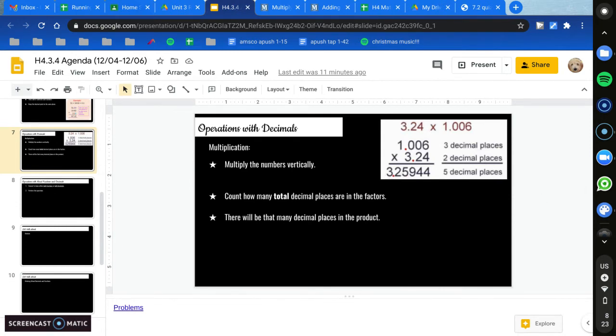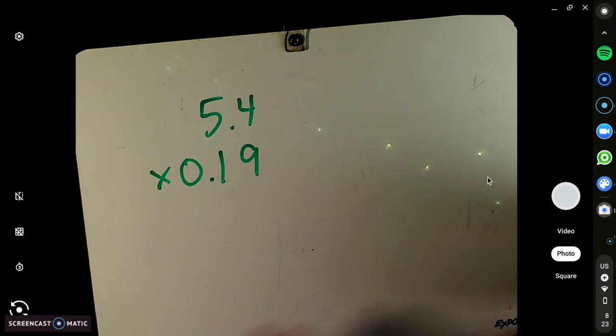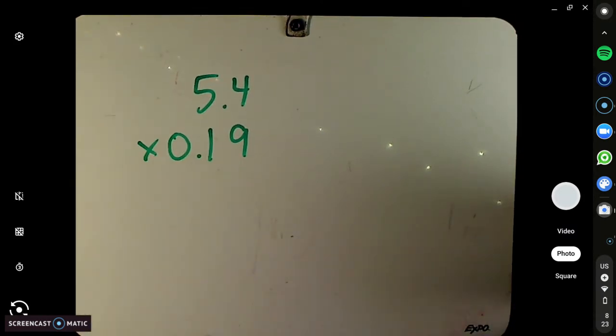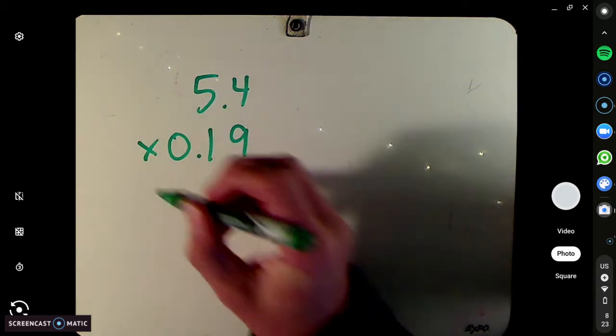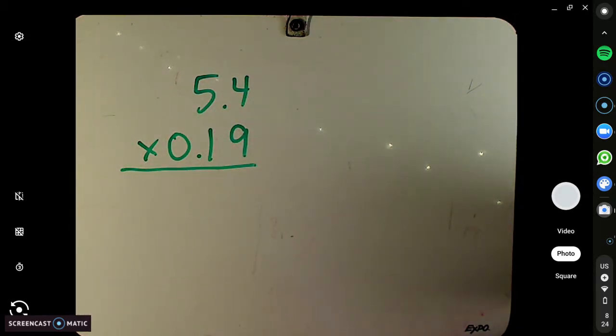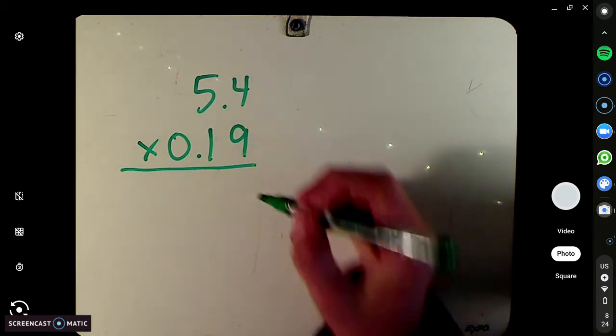So that is the most complicated part of this. Okay, let's go to the whiteboard. There's a practice problem waiting for us. 4.5 times 0.19. The math is the same as the math that you know how to do. Okay, so you can go ahead and do that.